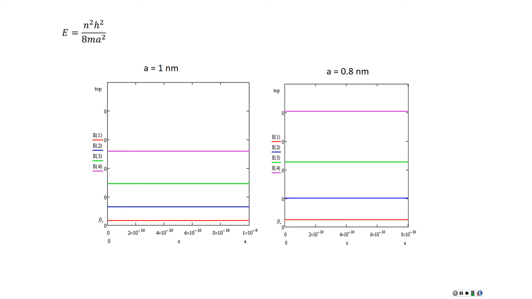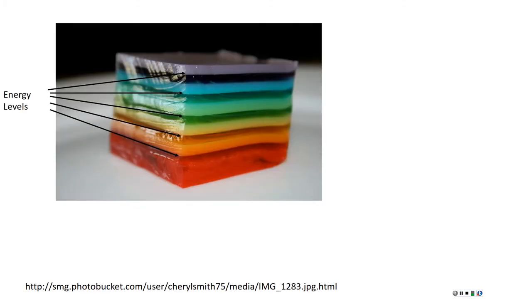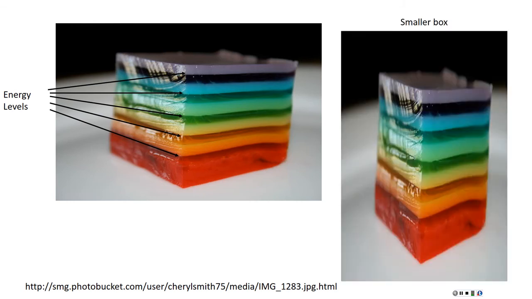The way I like to think about this trend is to think about this rainbow jello salad thing. You've got a bunch of different colors of jello, and there's kind of a cream cheesy layer in there. I like to think of those as the energy levels. So where the color changes, that's the energy level. And it's jello, so what happens when you compress it, sort of press on it?